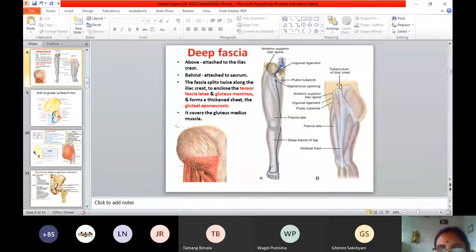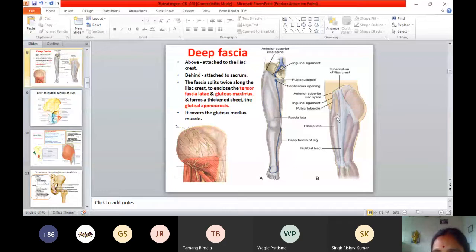Now deep fascia is attached superiorly to this part of the bony projection. What is the name of this crest? Iliac crest. So superiorly it is attached to the iliac crest. And posteriorly, behind what lies in our buttock? Sacrum. So posteriorly, it is attached to the sacrum, and this fascia splits to enclose the muscles in the gluteal region.